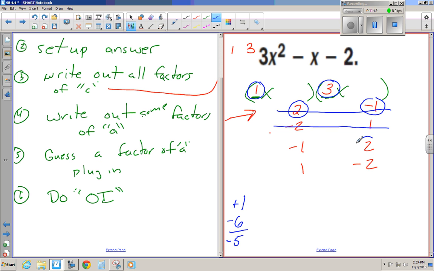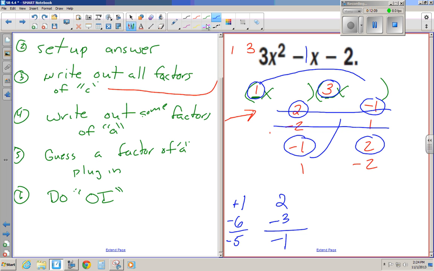So now we look at 1 and 2, 3 and -1. Outside, 1 times 2 is 2. Inside, -1 times 3 is -3. Add them together is -1, which is exactly what I'm looking for. So I now know that these are what go in the parentheses at the top.